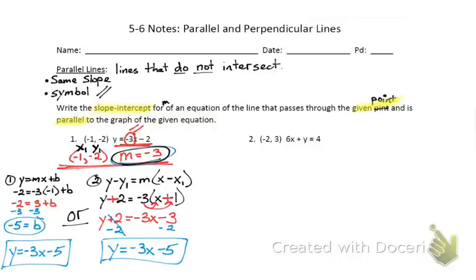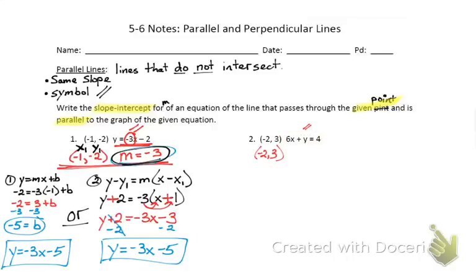And we're back, and what you should have first noticed about number 2 is we do have our ordered pair of negative 2, 3, but what is the slope of our equation going to be? Because based on this other line, which I know that my line is parallel to this line, but I'm not real sure what the slope of that line is.